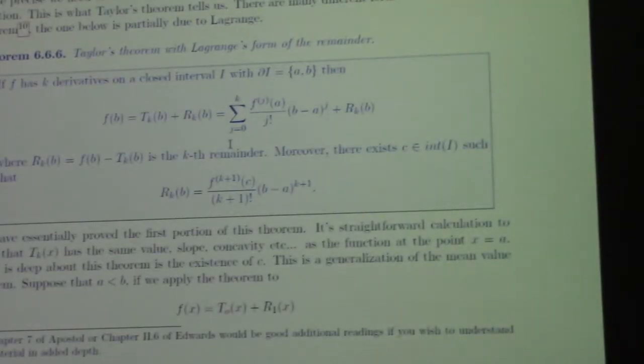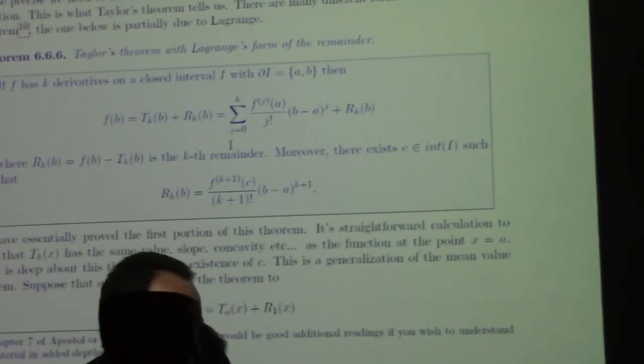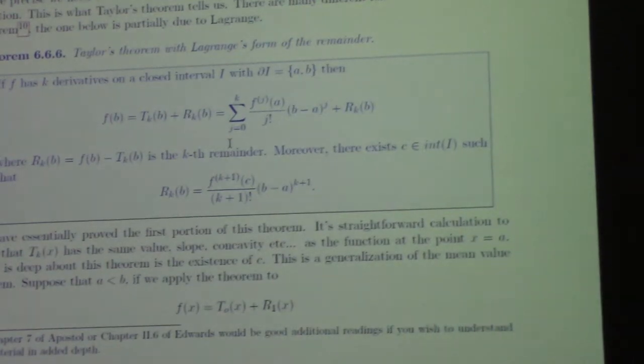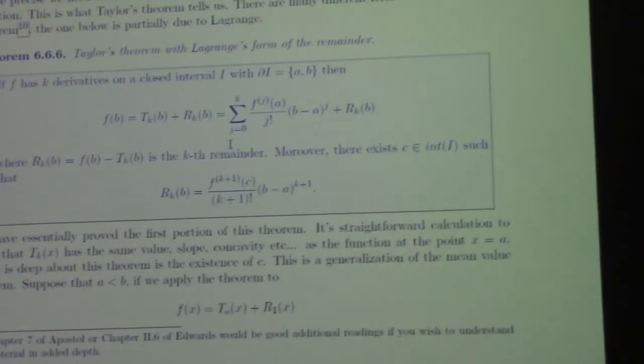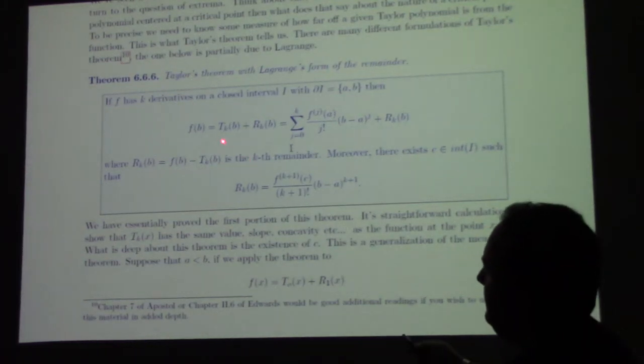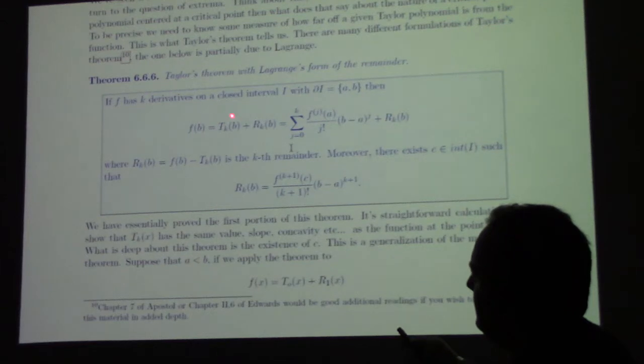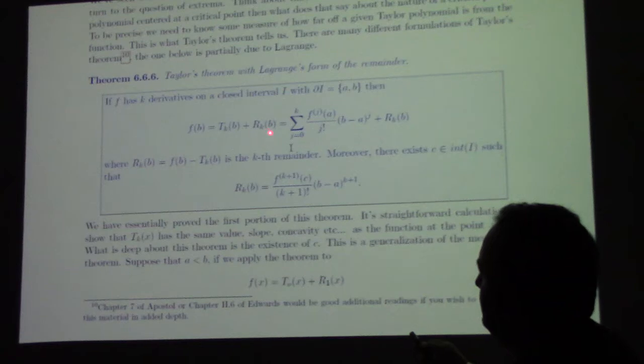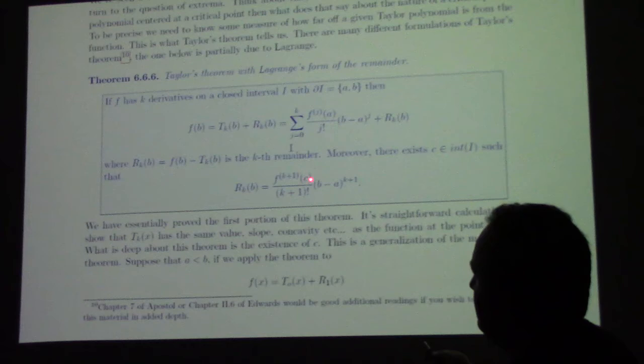And what it says is that if we look at the function f of x on the interval from a to b, then we can write the function at b as equal to the Taylor polynomial at b plus this remainder term, where the remainder term is given by the k plus 1th derivative of the function times b minus a to the k plus 1 over k plus 1 factorial.